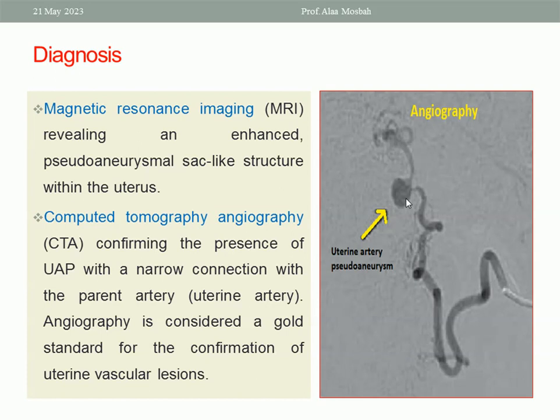Angiography is considered a gold standard for the confirmation of uterine vascular lesions. And if you remember my previous lecture, when I talked about arteriovenous malformation, I said also angiography is a gold standard, and angiography is used as a diagnostic and a therapeutic by doing uterine artery embolization and the closure of this vessel.